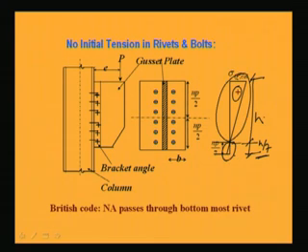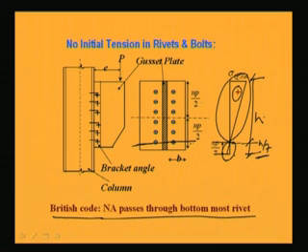From these two equilibrium equations we can find out the neutral axis depth properly and we can find out other details. Another way of calculation, which is proposed by the British code, is that the neutral axis passes through the bottommost rivet. That means, they are considering that the neutral axis is passing through the bottommost rivet. If we consider it like this, then the other details can be calculated accordingly.